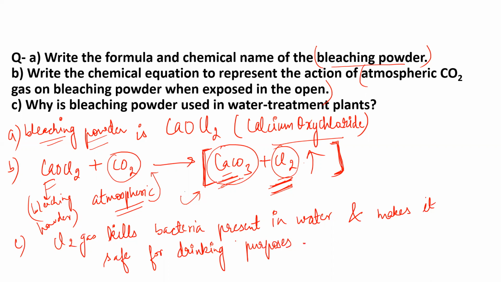So this is the reaction involved, and when these products are formed, chlorine gas is also liberated from here, and this gas kills bacteria present in the water and makes it safe for drinking purposes. So that's why bleaching powder is used in water treatment plants. Okay, so this is all about today's question. Thank you so much for watching.